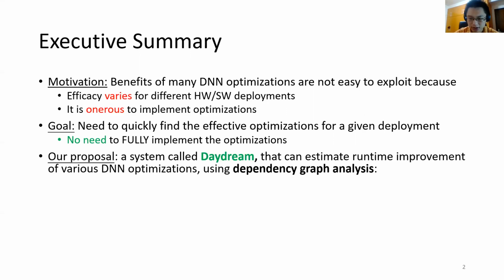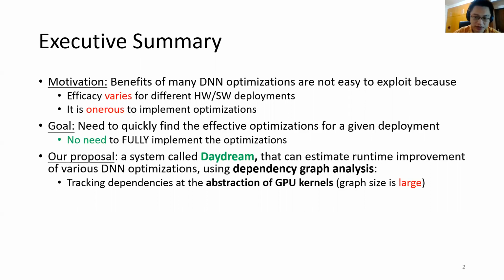For this purpose, we propose a system called Daydream, which allows users to quickly estimate the runtime improvements of common machine learning optimizations based on their own deployments. Our system is based on dependency graph analysis, and we identify three unique key requirements of using dependency graph analysis in the machine learning context.